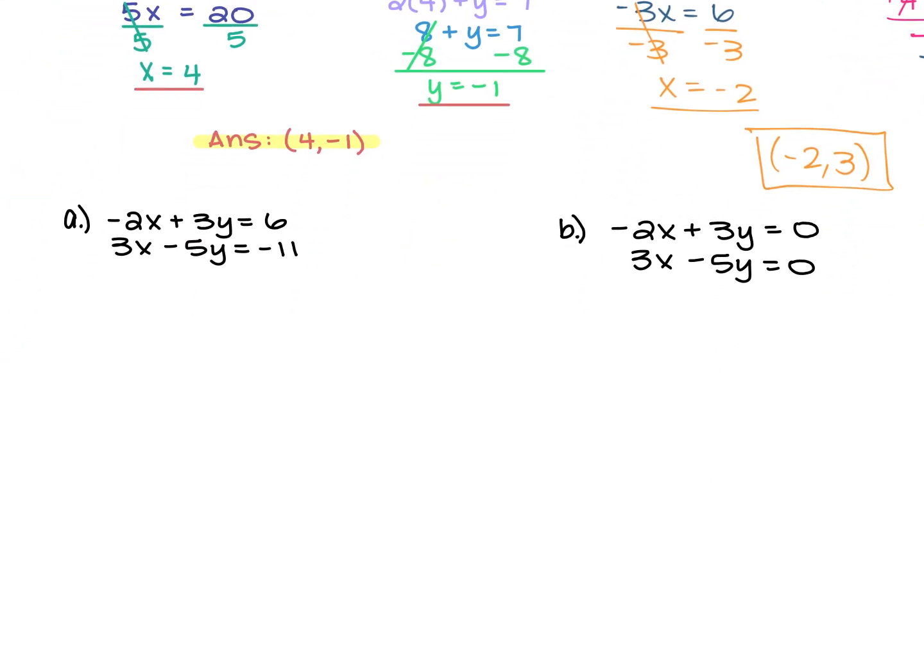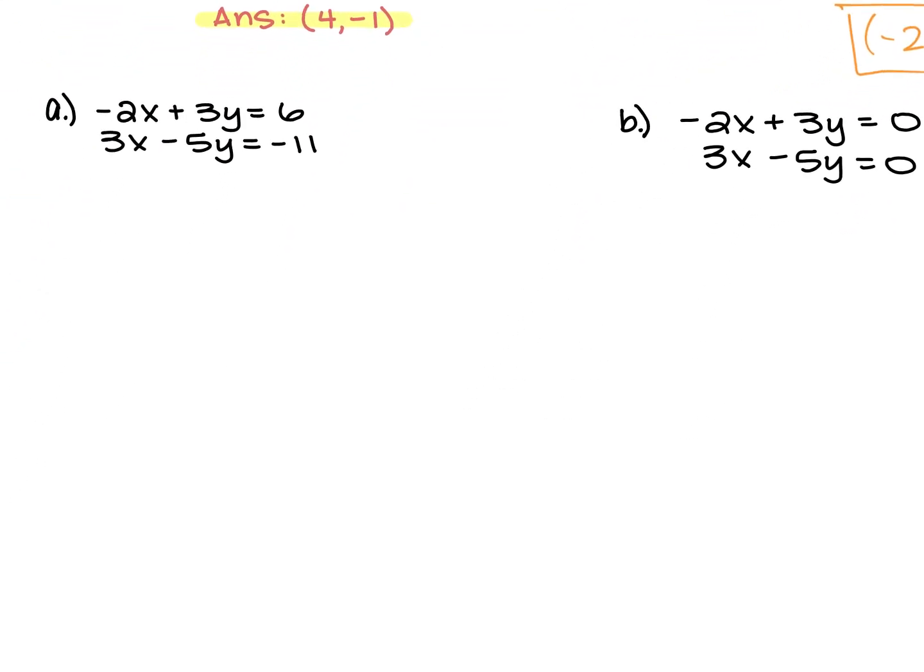For example A, we have -2x plus 3y is equal to 6, and 3x minus 5y is equal to -11. My least common multiple between the 2 and the 3 is 6. Least common multiple between the 3 and the 5 is 15. I'd rather work with a 6 than a 15 since 6 is less than the 15. So we're going to multiply the top equation by 3, bottom equation by 2. My x terms are already opposite signs, so I don't have to multiply by a negative anywhere.